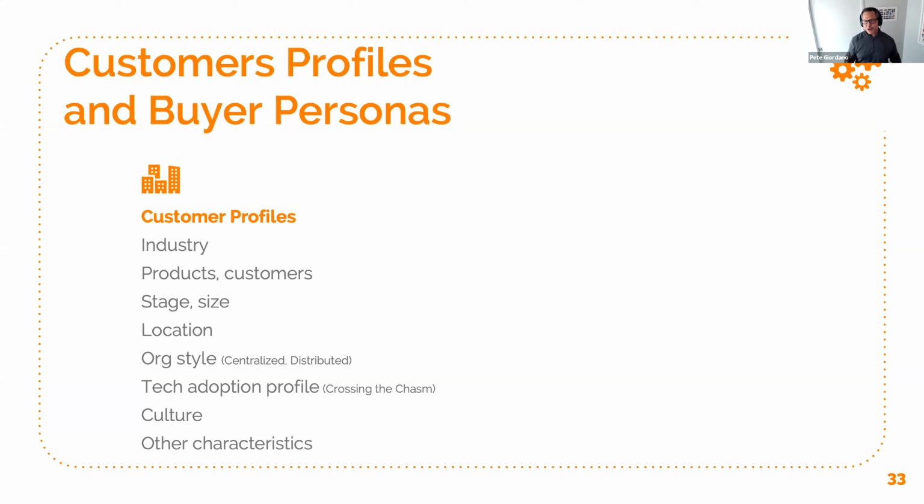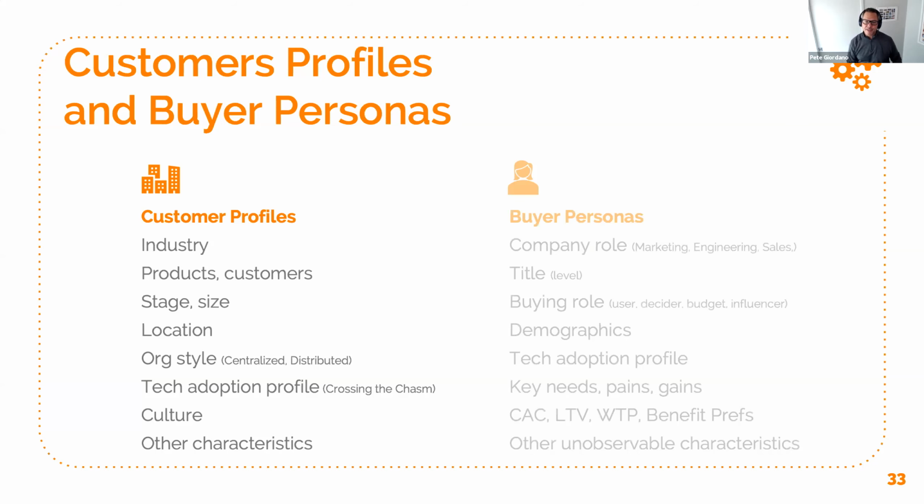It's a set of demographics, characteristics that describe certain types of companies that would be good targets, right? So it's all of these demographic characteristics you see on the left. But what's important when we talk about pricing are buyer personas. These are the people involved in the decision-making unit, sometimes called a buying group.